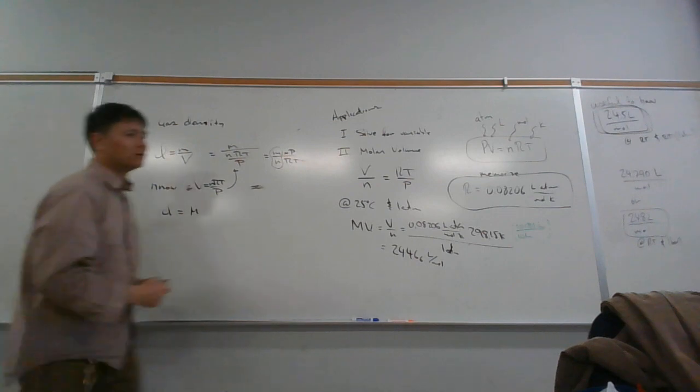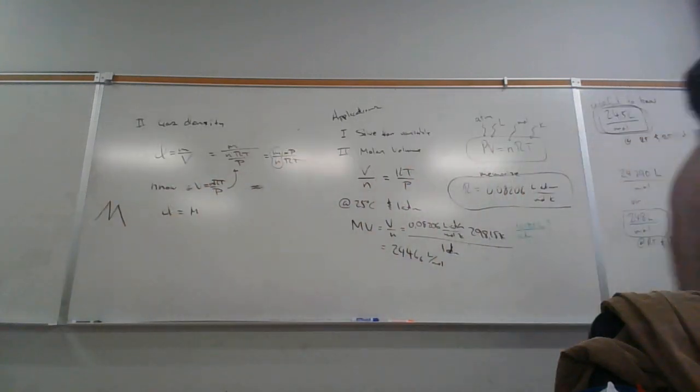What does our book use? Our book uses different symbols for molar mass. I wouldn't be surprised if it's just a lowercase m. So this is 6.4. I thought that was molarity, meters of mole, or moles per liter.